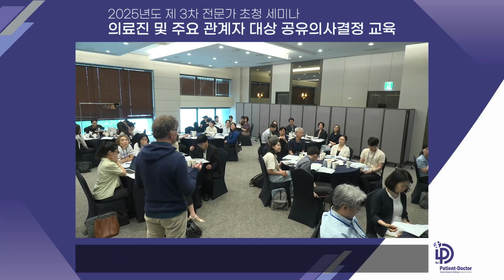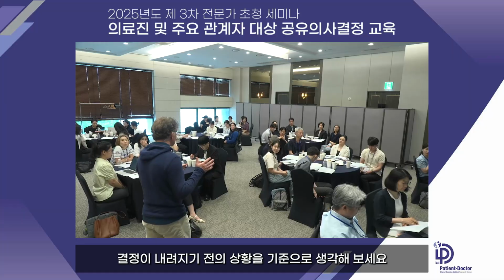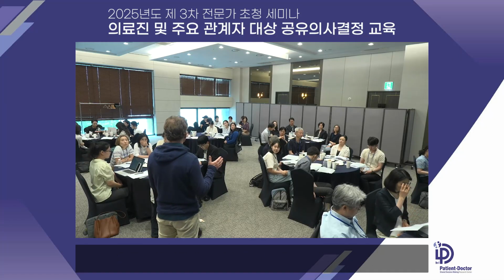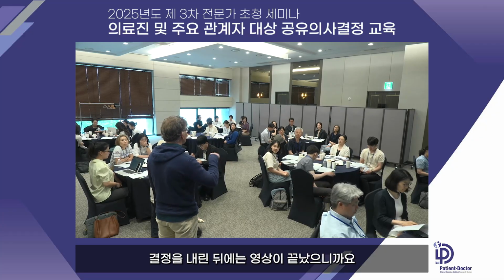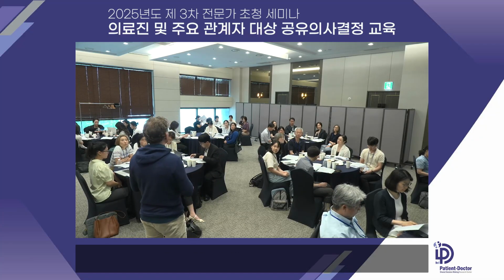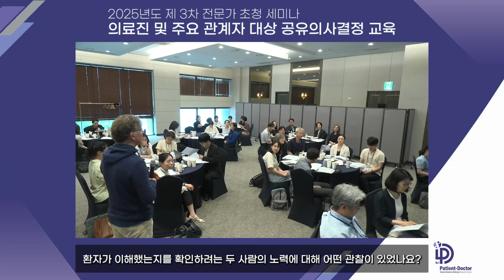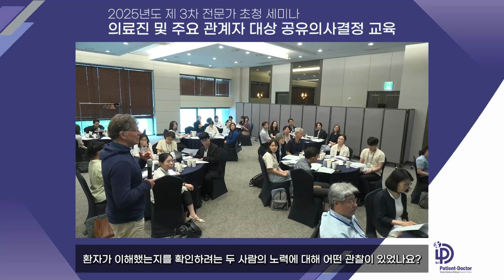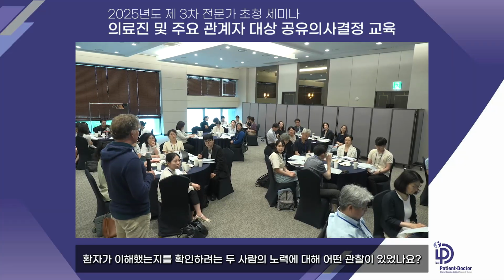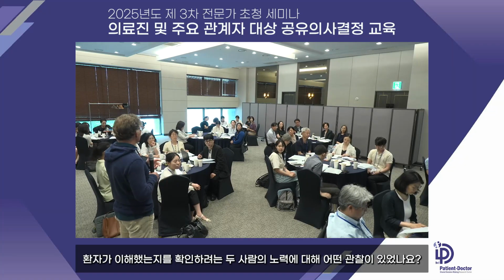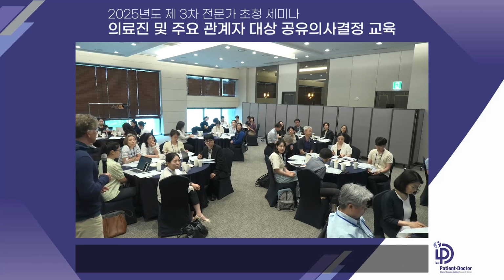And now I'm thinking about what happened before the decision, because then the show is over when the decision is made. Do you have any observations of efforts that the two made to assure the understanding of the patient?